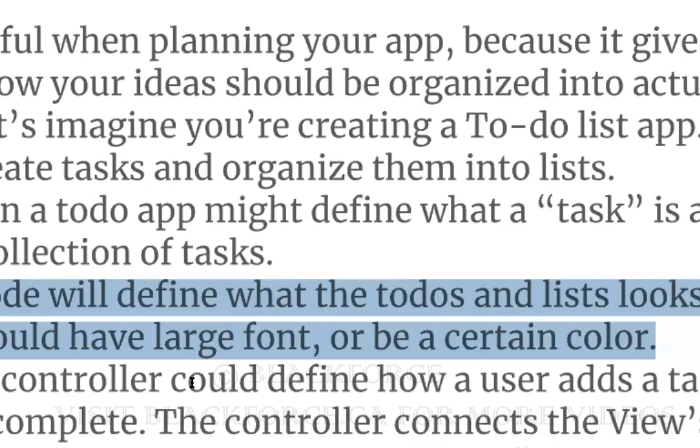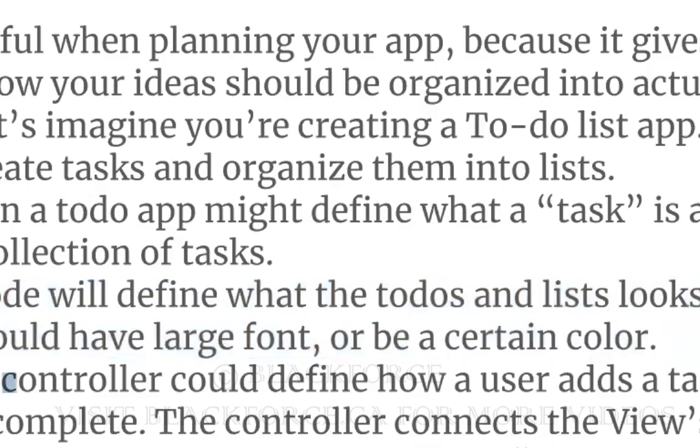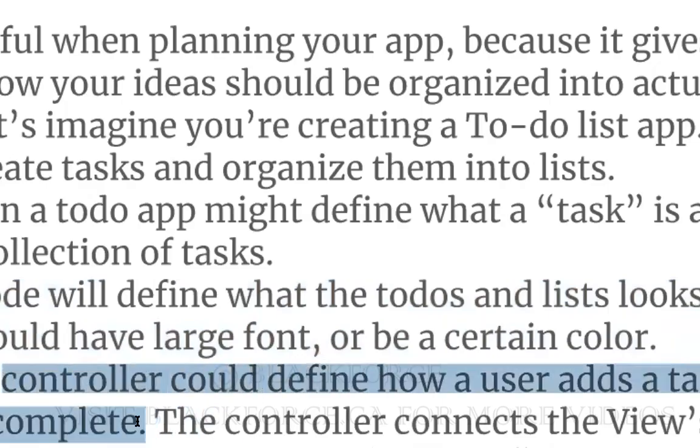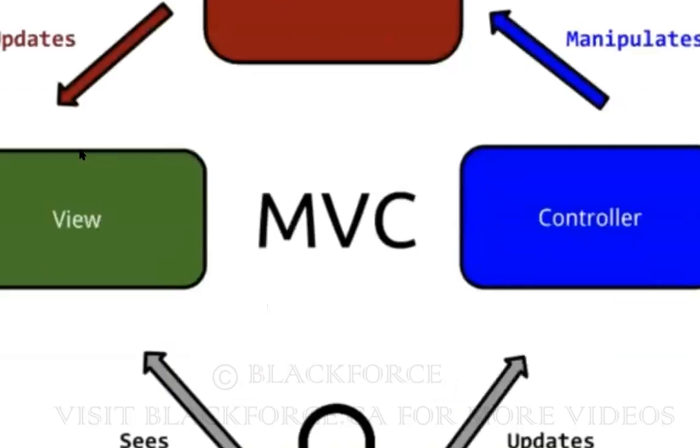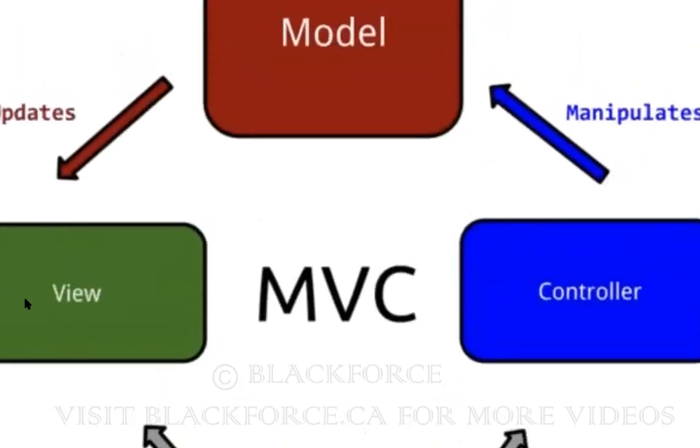So finally, the controller could define how a user adds a tag, right? So a controller is like the action part of the whole system, right? So we have create tags, delete tags, or mark a task as complete, right? All those actions will be defined in the controller. So again, the view shows all the tags, the to-dos and stuff like that.